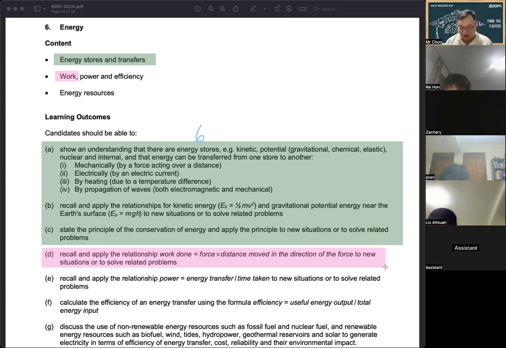Okay, so let's look at part D. We're going to talk about work today. Work itself is force times distance moved in the direction of the force. Can I repeat myself? Work is force multiplied by the distance moved in the direction of the force.